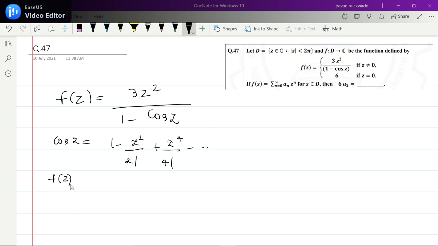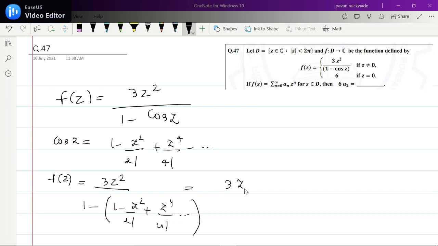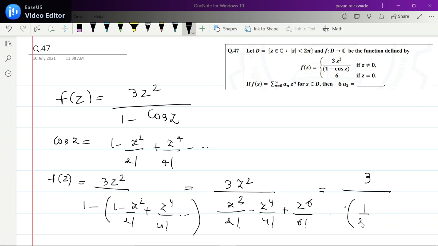What we got is f of z equals 3z square divided by 1 minus this thing, 1 minus z square by 2 factorial plus z raised to 4 upon 4 factorial and so on, which is equal to 3 times z square divided by z square by 2 factorial minus z raised to 4 by 4 factorial and so on, which is equal to, I will cancel z square from numerator and denominator. What I got here is 1 upon 2 factorial minus z square by 4 factorial and so on.